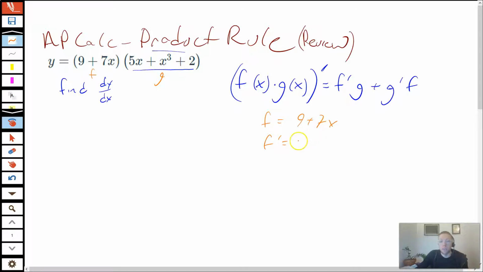Derivative of 7x is just plain old 7. And then g is 5x plus x to the third plus 2. g prime then is power rule again. So derivative of 5x is just 5. x to the third becomes 3x squared. And then derivative of 2 is just 0.